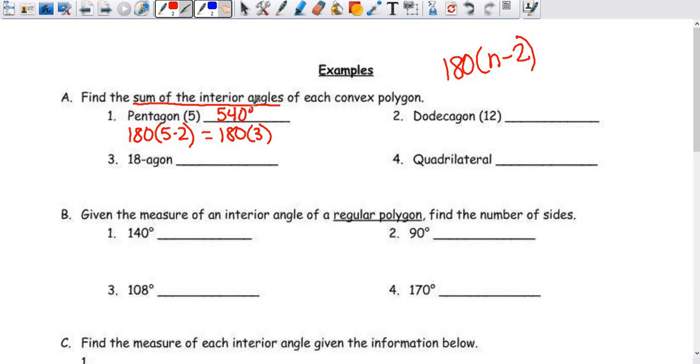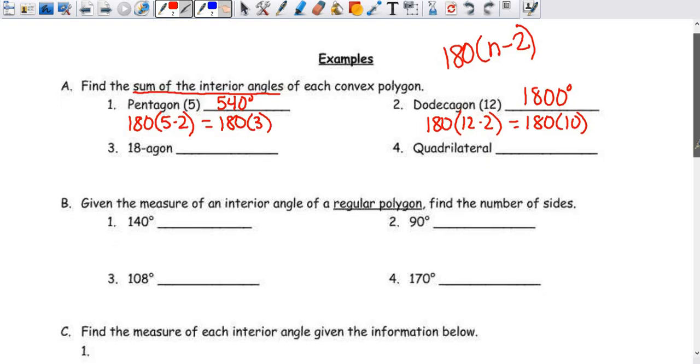Okay? I could do a dodecagon as well and do 180 times 12 minus 2. So really I'm doing 180 times 10, which is 1800 degrees in a dodecagon.